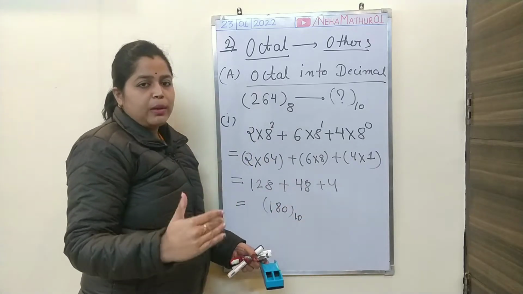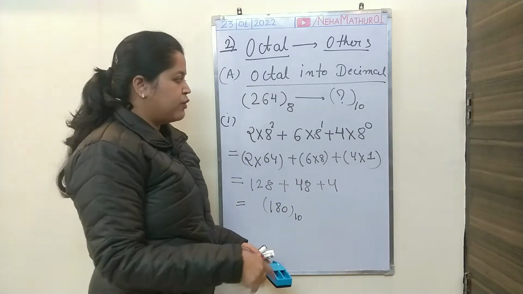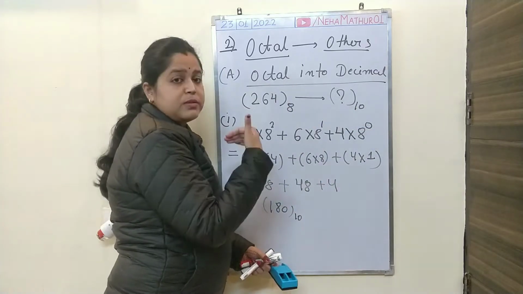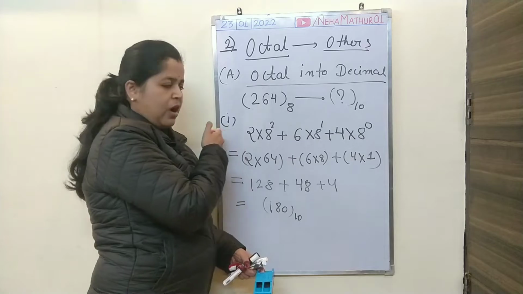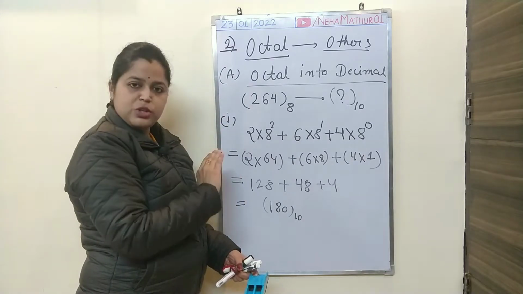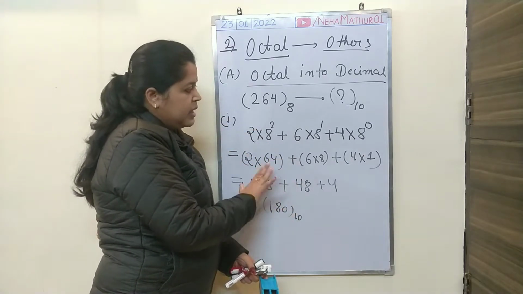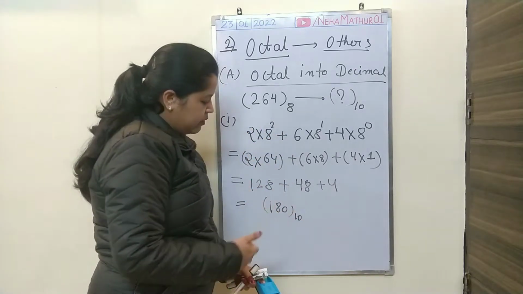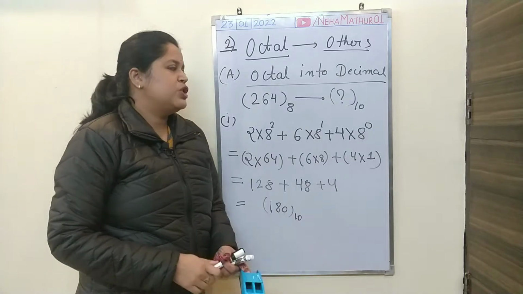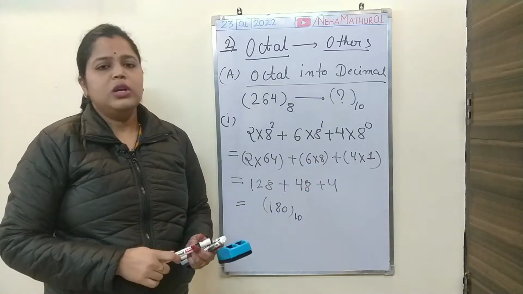After that you will have to apply powers, and the power will start from right to left from 0 and increase like 0, 1, 2. If you have more digits, it will be 3, 4, 5 and so on. After that you will have to simplify and the answer will be like this. So this is a basic example in which you can convert your octal number into decimal.